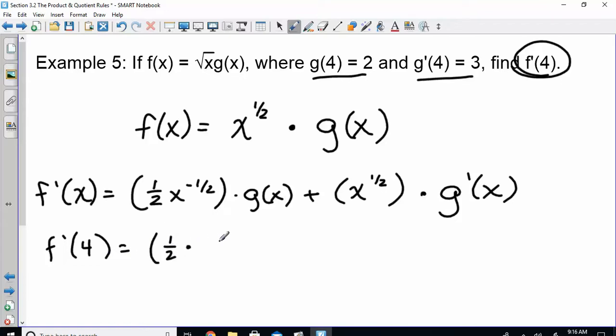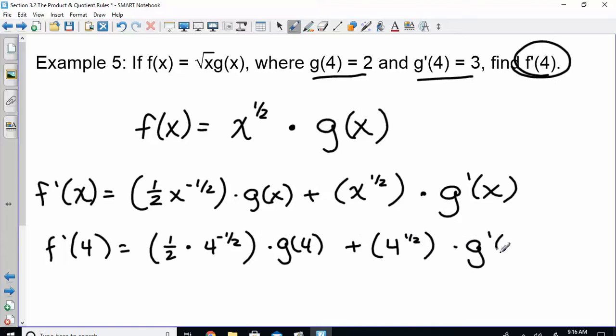So if I plug a 4 in this, we get four to the negative 1/2.